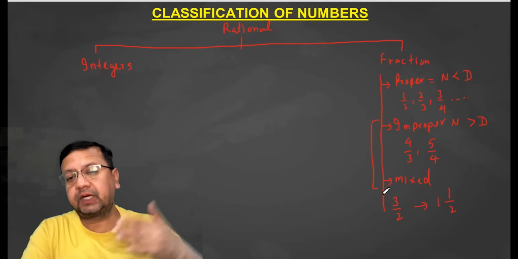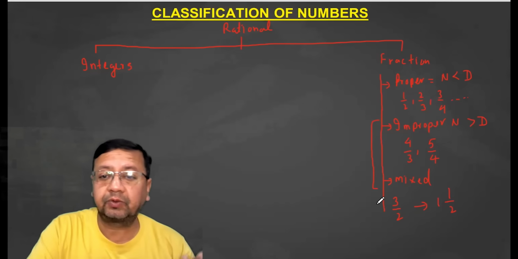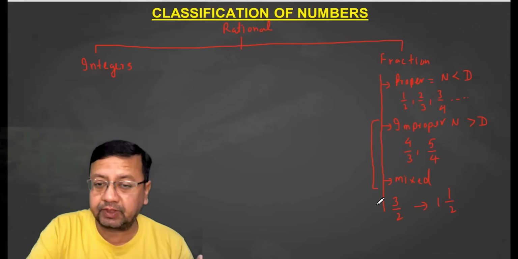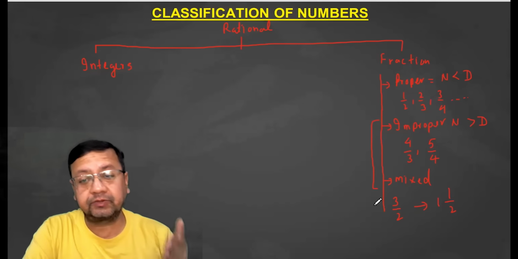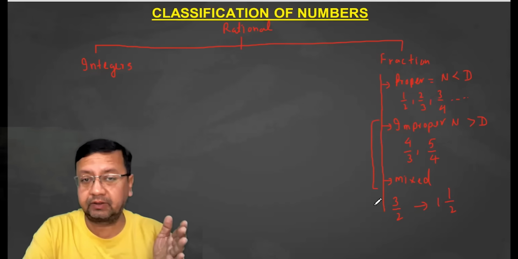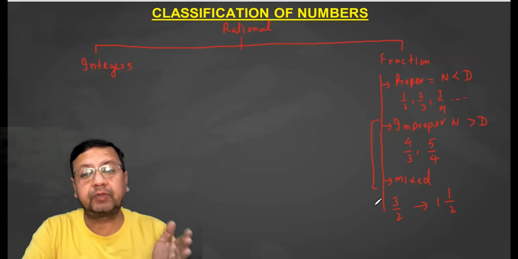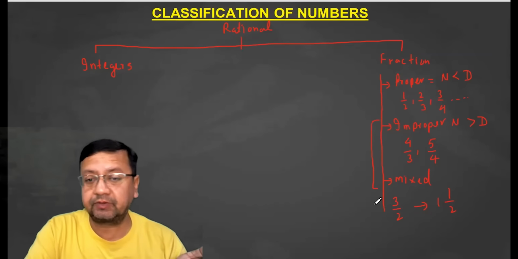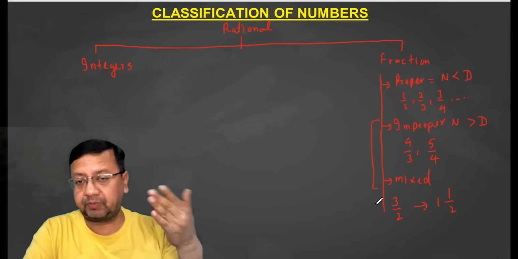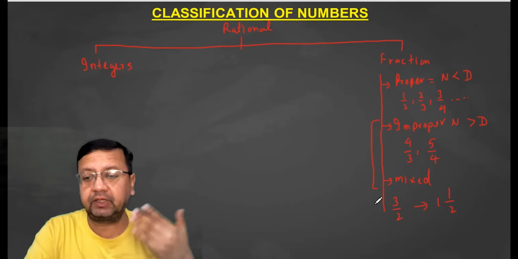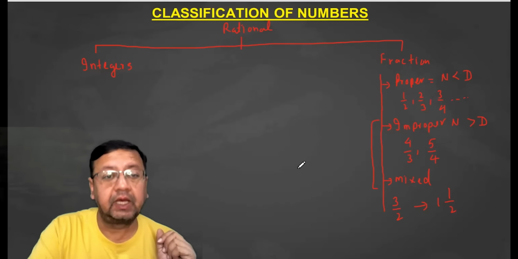If I'm writing 3 by 2, this is known as an improper fraction. If I'm writing a mixed fraction, what I'm doing is 1, a complete number, and 1 by 2, a fraction part. So this is a mixed fraction. So proper fraction, improper fraction, and mixed fraction, right?